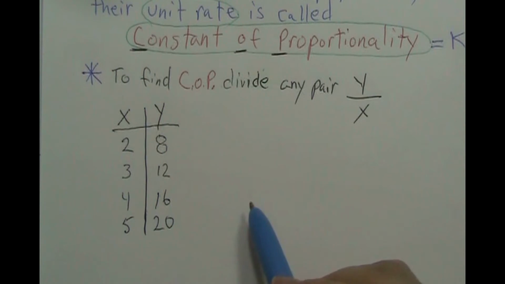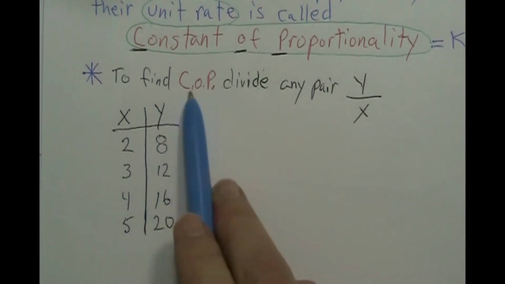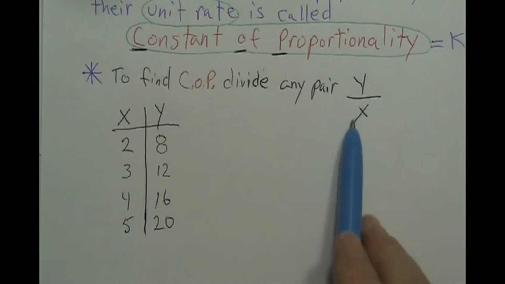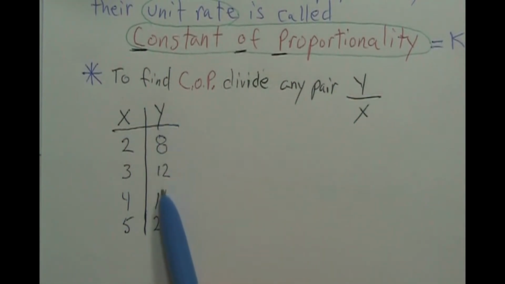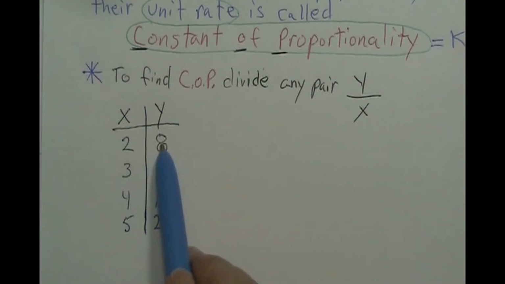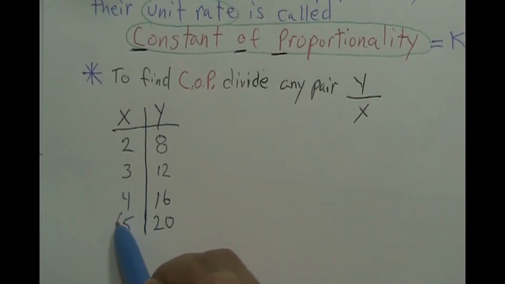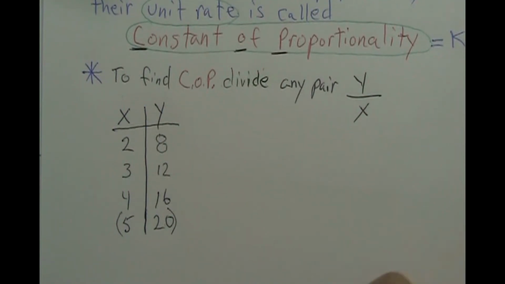We said to find the constant of proportionality, COP, divide any pair, y over x. I can take any one of these and find the answer. I'm just going to use this bottom one right here, because we'll use the other ones later.